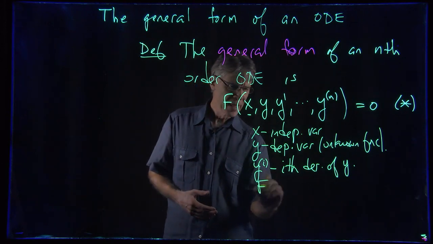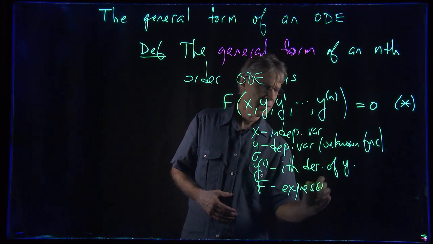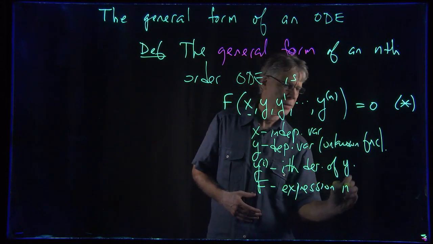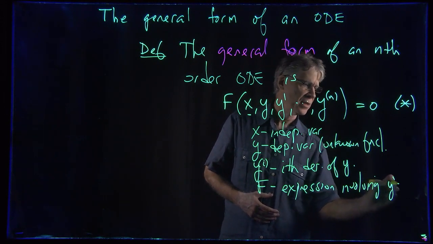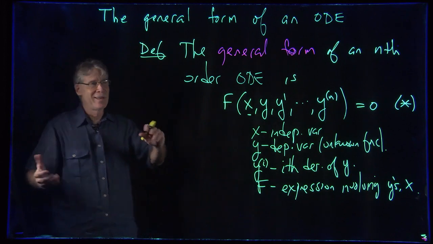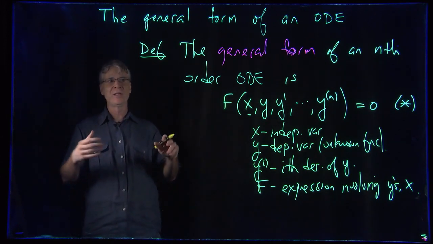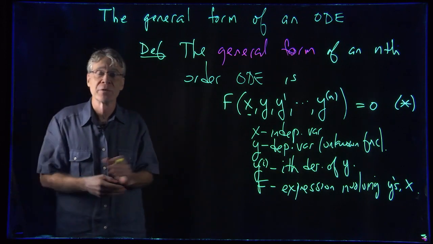And then F is just some expression involving the y's and x. In essence, it can be anything you want. It doesn't need to be continuous on some big interval or something. That's a question for another day.